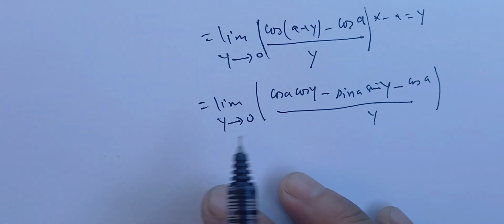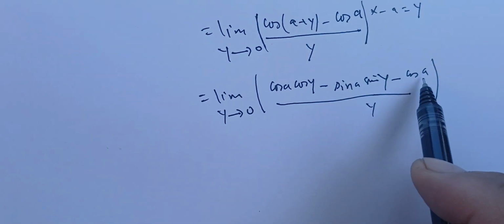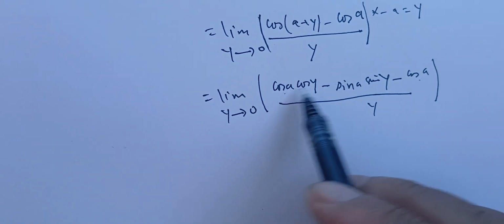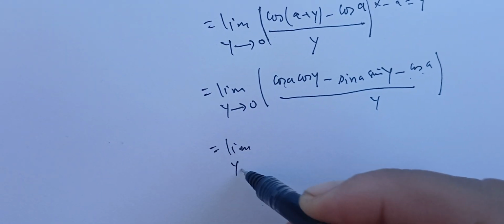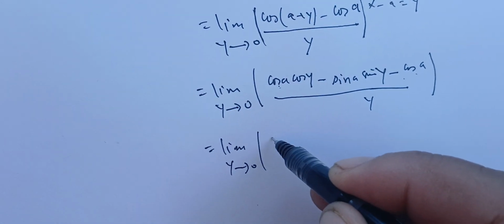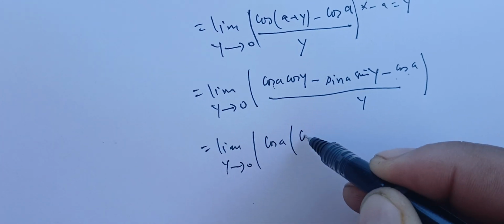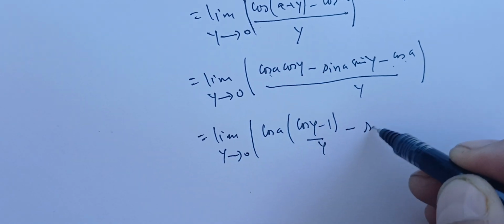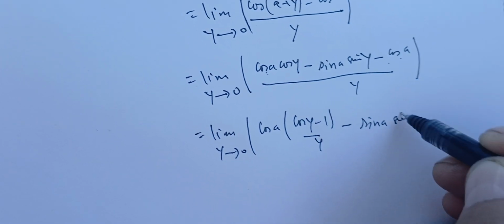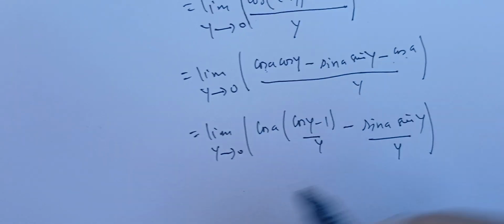We can factor out cosine a to make it easier: the limit as y goes to 0 of cosine a times cosine y minus 1 over y, minus sine a times sine y over y.